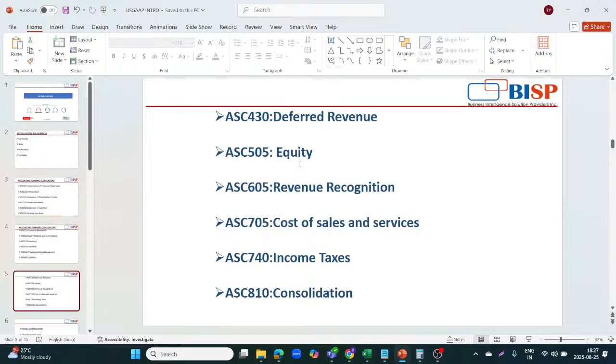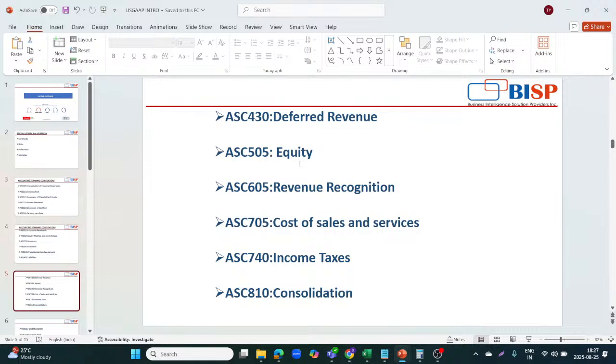We'll understand all the equity terms with examples in detail in this codification 505, which will give you guidance on stock dividends, what a stock split is with examples, what treasury stock is, spin-off and reverse spin-off, and various equity-related payments that you can follow under ASC 505.